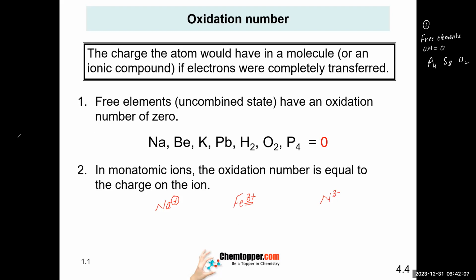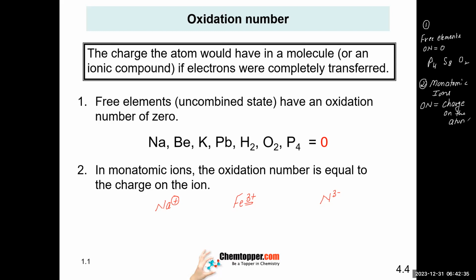So write down rule number 2. Rule number 2 is monoatomic ions. Monoatomic. It should not be polyatomic. Single atom, because oxidation number is per atom. Monoatomic ions: the oxidation number is the charge on the atom. Whatever charge.